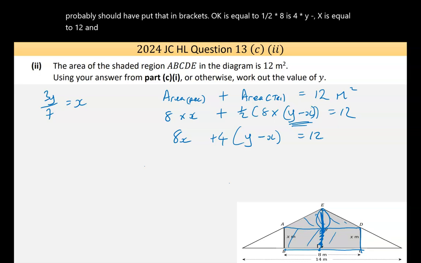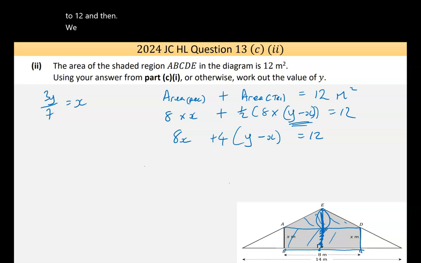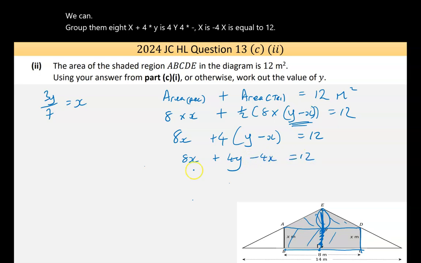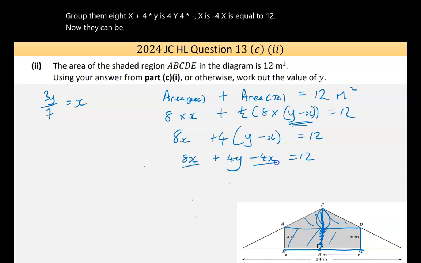And then we can group them. 8x plus 4 times y is 4y. 4 times minus x is minus 4x, equal to 12. Now they can be combined together. 8x minus 4x is 4x, plus 4y is equal to 12.